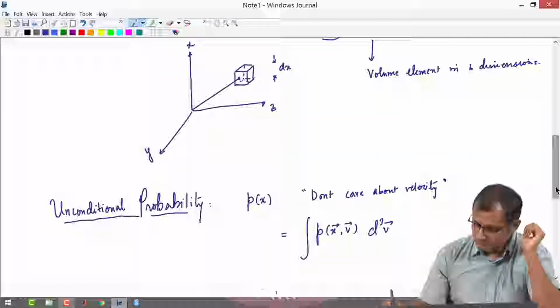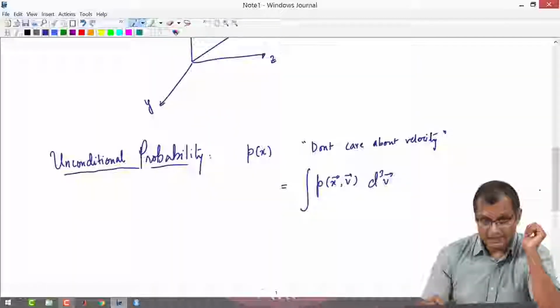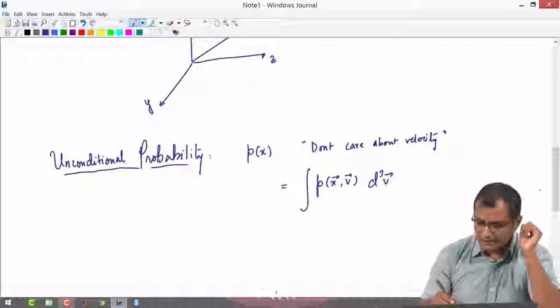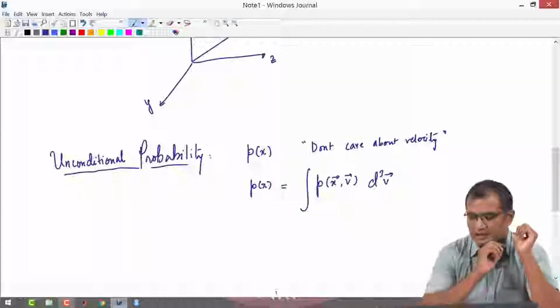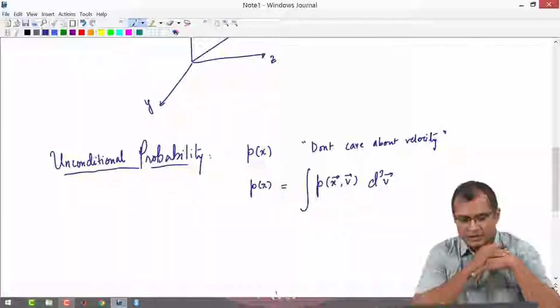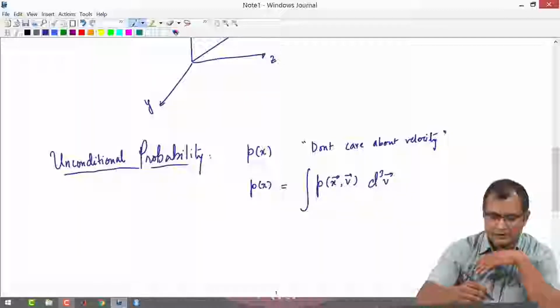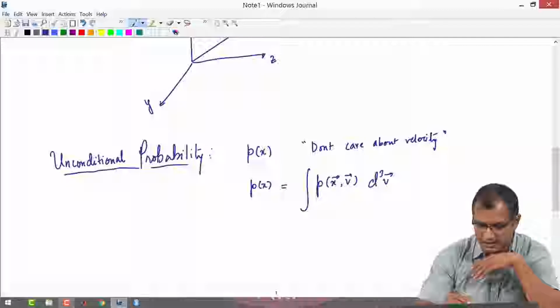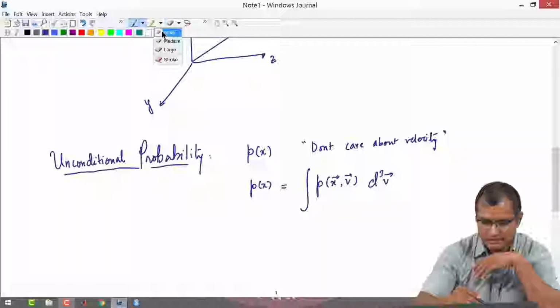So if I take this probability density and integrate over all velocities, I will get what is required, and that is the unconditional probability density of finding a particle at a location x. Okay, so this is the unconditional probability density.